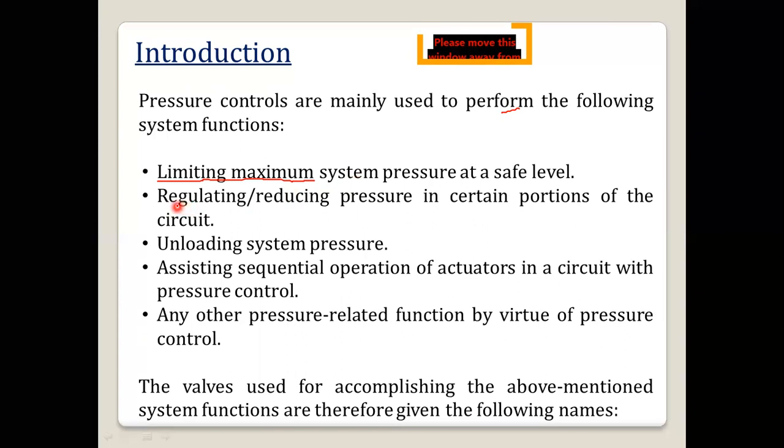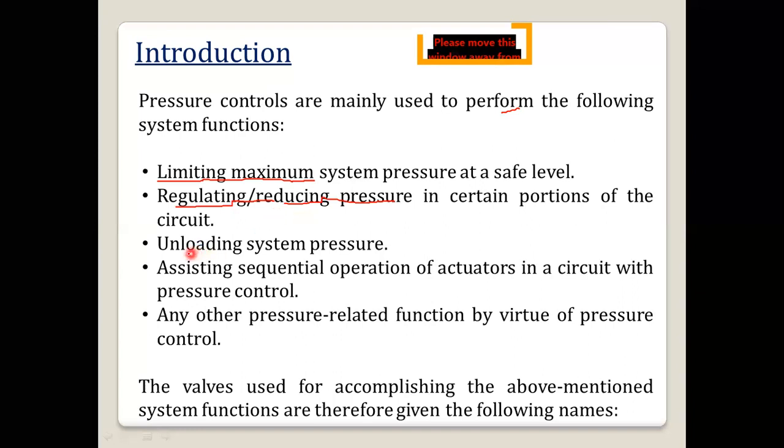Then we can use the pressure control valve for regulating and reducing pressure in certain portions of the circuit. In certain applications, we require reduced pressure. In that case, the pressure control valve supplies the reduced pressure to the hydraulic system, and we can also do the regulation in the hydraulic system.